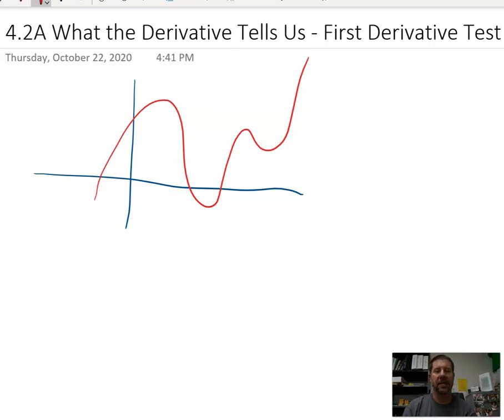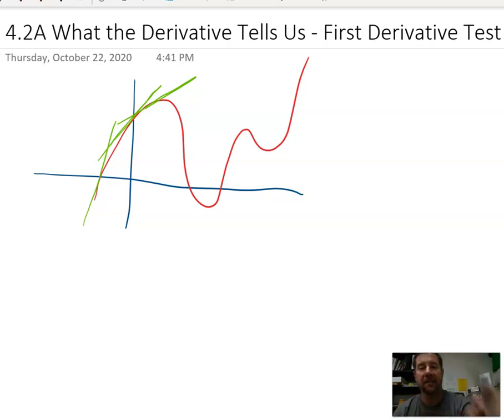Now, another way to attack increasing versus decreasing is to look at the slope of the tangent line. Where the function is increasing, if you imagine these tangent lines, I'll draw a few of them, you'll notice that all those tangent lines have a positive slope.